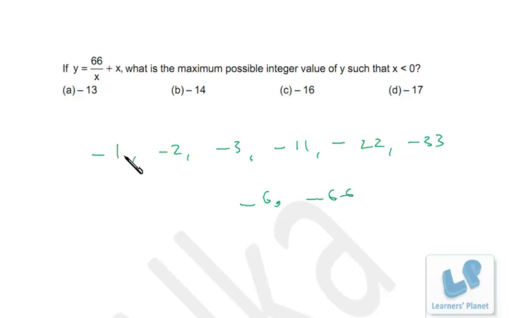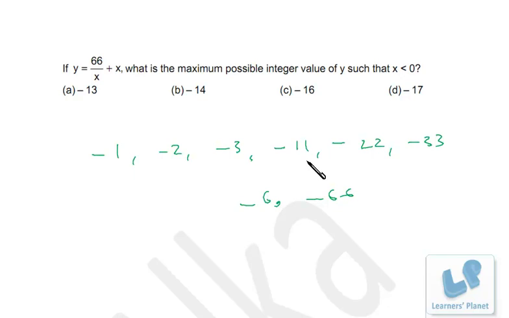So let's choose from the options available over here. Suppose we have x as minus 2, then it will be minus 33 and minus 2. So it will be minus 35. So it's not possible, it's not there in the options. Suppose we take minus 3, so it's 66 by 3 minus 22, minus 22, minus 3, minus 25, not recommended.